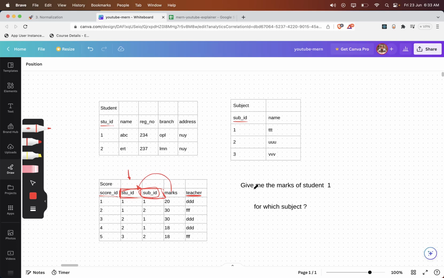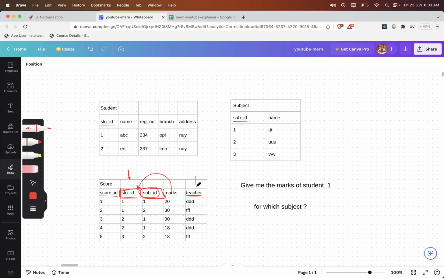Second normal form says that each and every non-key column of your table should be dependent on the whole primary key. Marks is fully dependent on the primary key, but teacher is not fully dependent on the primary key. It is only dependent on the subject.